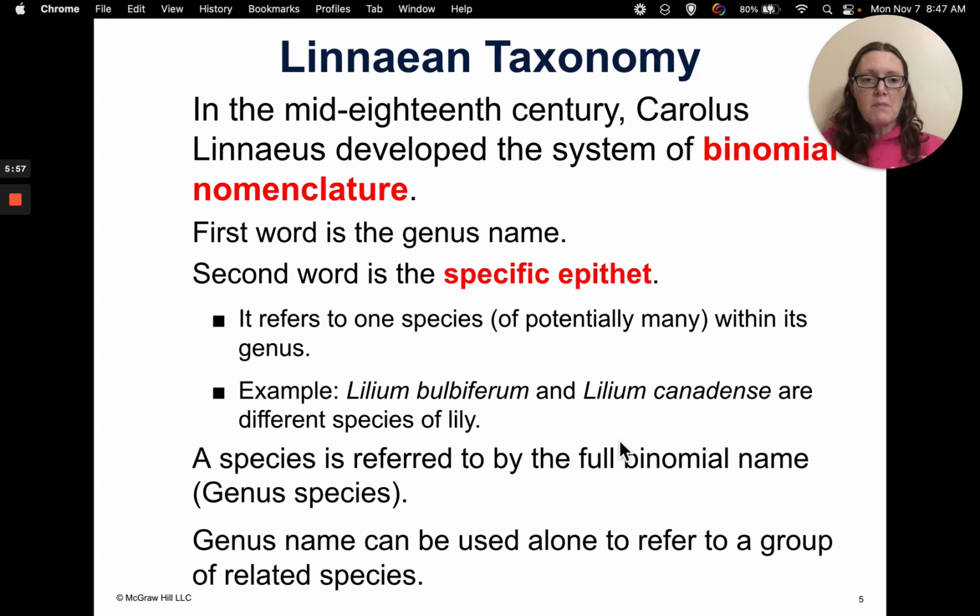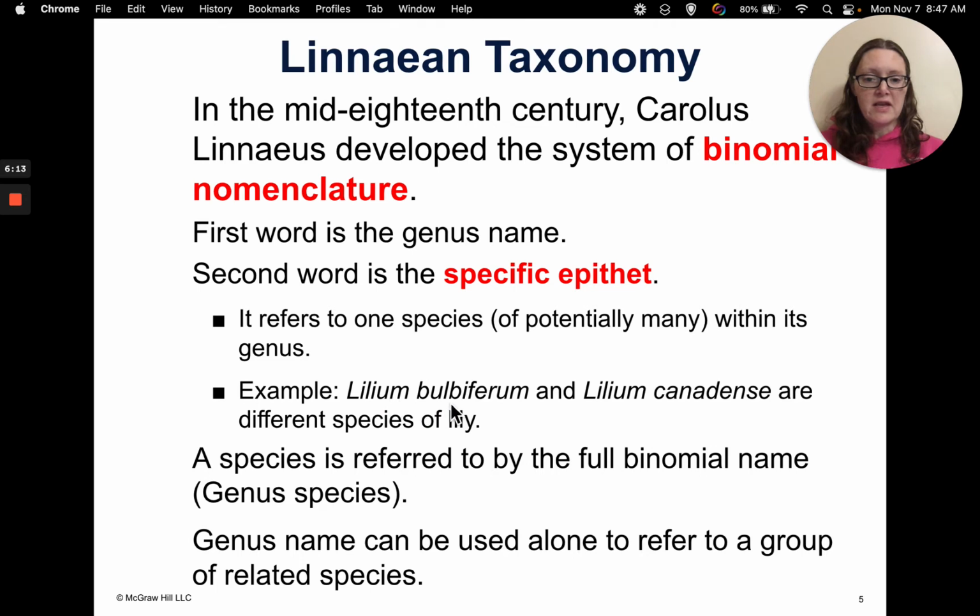So all binomial nomenclature, every scientific name, is based on genus and species. You can usually tell at a glance if organisms are related, because if they have the same genus, that means they're closely related.